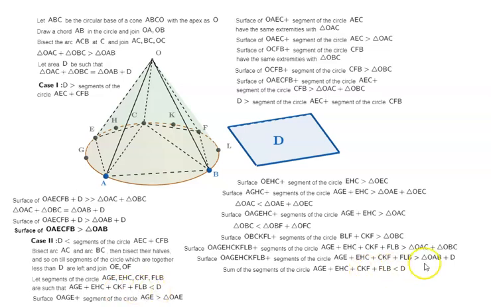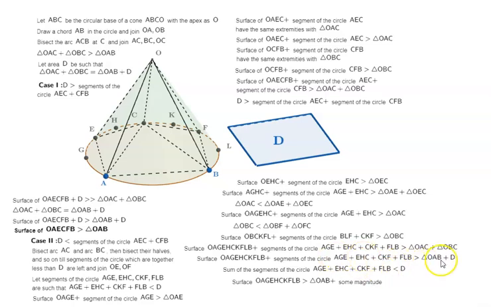So since it is less than D, if we subtract the sum of these segments from this statement, the left hand side becomes less because we have removed these bases, and this also becomes less.